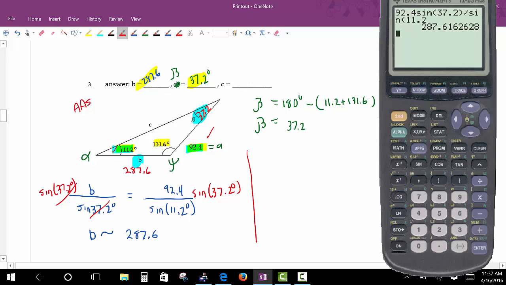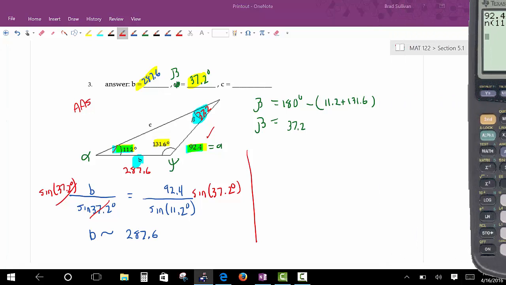Then I want to do law of sines one more time, so I want to set up my proportion here. That leaves me with C, so I need to do side C over the sine of the opposite angle, which is 131.6. Match up side A, or you can do B, it doesn't matter.